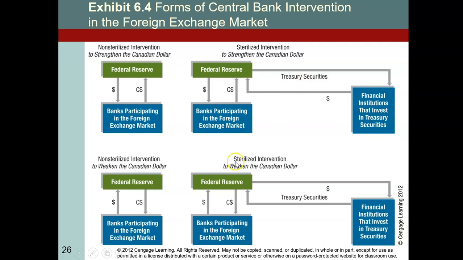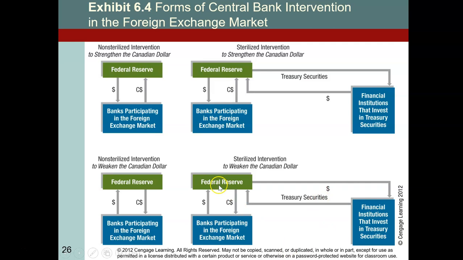If we want to do a sterilized intervention, besides doing these, we should also buy back Treasury securities from financial institutions that already invested in Treasury securities. So we purchase back Treasury securities and we pay US dollars out.